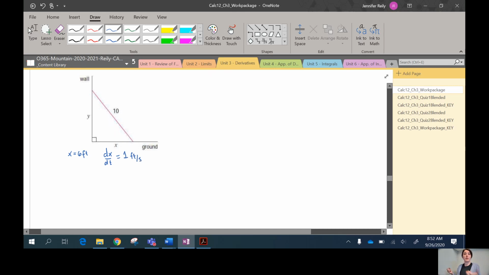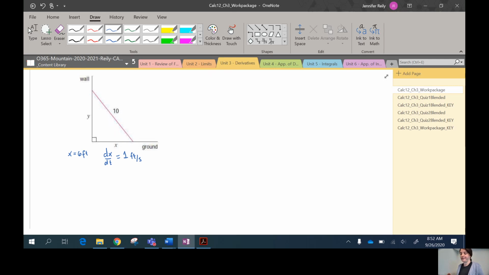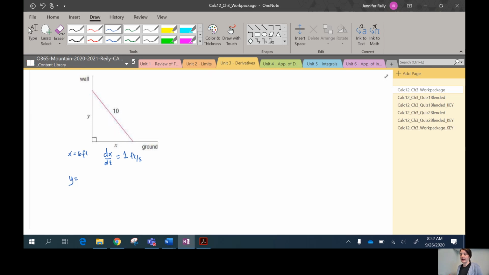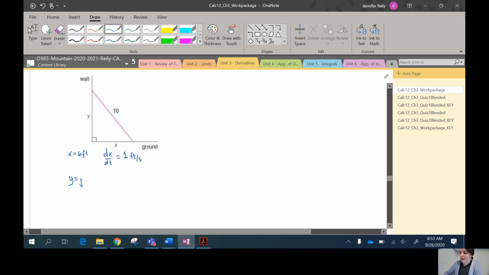So x is a function of time. We don't know what that function is, but when you take the derivative, it's 1. We are not told what the distance y is. However, we can find it because we know the Pythagorean theorem, right? This is a right triangle. We've got one of the legs, we've got the hypotenuse. And so to find y, we take the square root of 10 squared minus 6 squared.